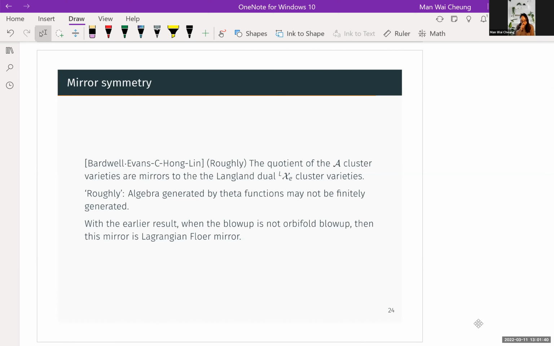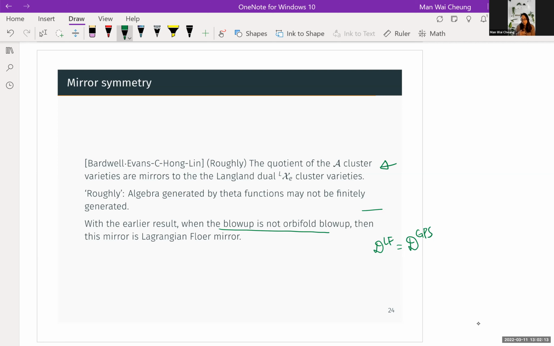And then what's more, we show that this Lagrangian scattering diagram is the same as the GPS scattering diagram. So one thing: this first theorem is entirely algebraic geometry, but when we put the symplectic geometry in, in our counting we require one condition, which is that the blowup is not an orbifold blowup, just a simple blowup.